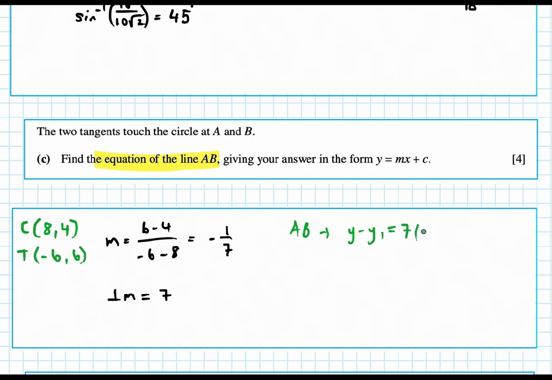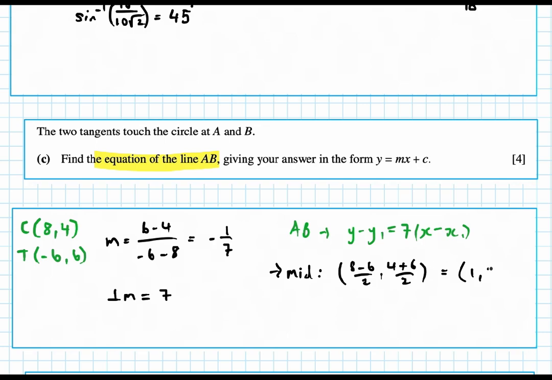So for AB, we have y minus y1 is equal to 7, bracket x minus x1, close bracket. We also need to find the midpoint to put in those, so we find the midpoint to get a point on the line. Doing that together, you'll get 8 minus 6 over 2 and 4 plus 6 over 2, which will leave us with 1, 5 as our coordinates.